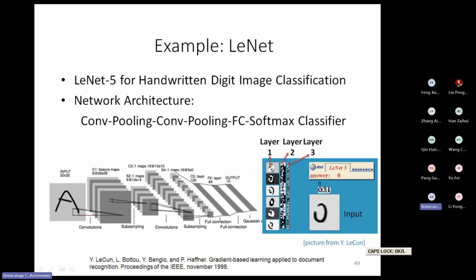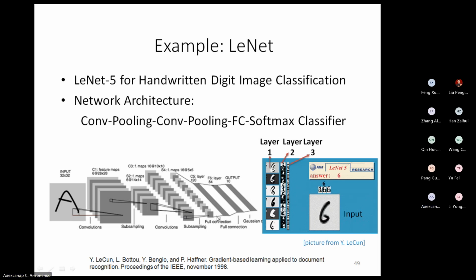So after this, we obtain 6 features, but with a smaller size, with twice less resolution. Then again convolution, but not 6 features, but 16 features. Of course, when we use convolution, we crop edges, so they are a little bit smaller, 10 by 10.